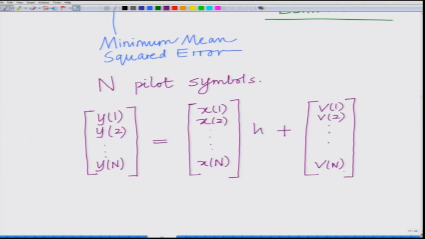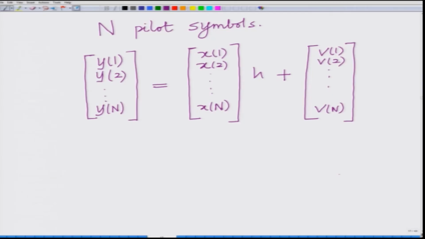So we are considering the transmission of n pilot symbols x1, x2, xn, which form the pilot vector x bar, the corresponding n received symbols y1, y2, yn, which form the received vector y bar, and the noise samples v1, v2, vn, which form the noise vector v bar, and of course the channel coefficient h.